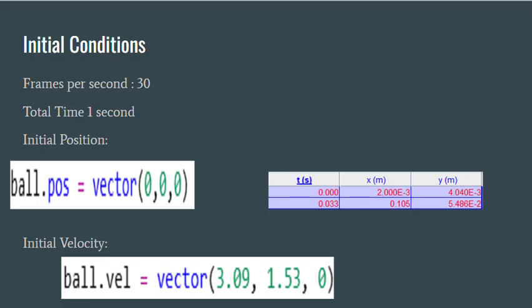The initial position was set at 0, 0, 0, because it was easier. And this is the initial velocity, which was found by doing change in position over change in time.